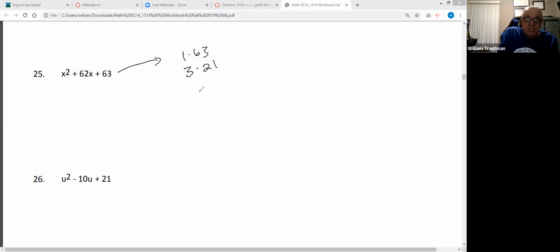By 7. 7 times 9 is 63. 63 divided by 7 on my calculator equals 9. Those are all the pairs that multiply together to equal 63.